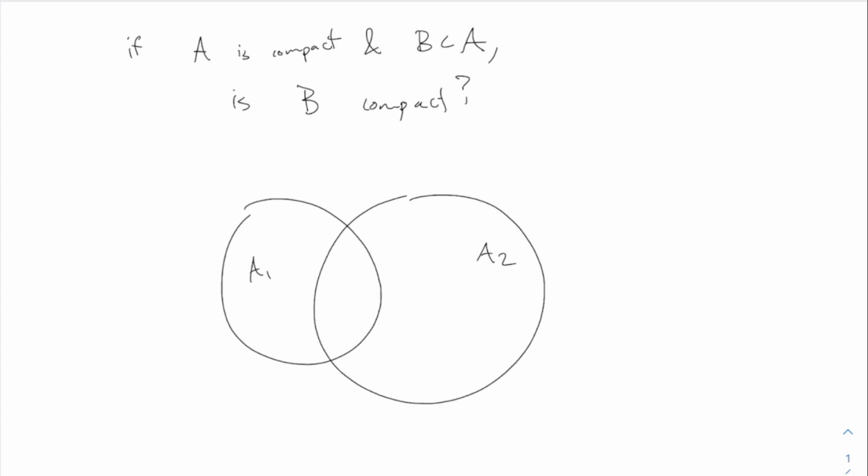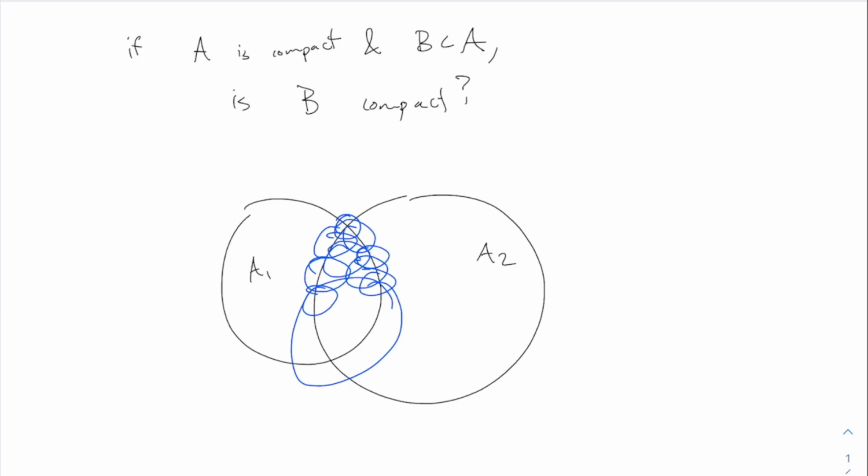That is to say, if I have a cover of the intersection, so I begin with a covering just of the little part, does that covering have a finite subcover? Now, just because A2 has a finite subcover doesn't necessarily mean this part of A2 has a finite subcover, which is kind of what you need to say. So how do you demonstrate that these guys themselves have a finite subcover?